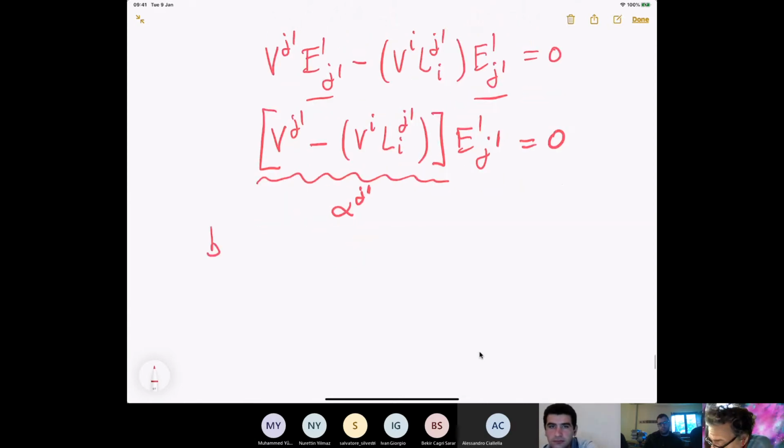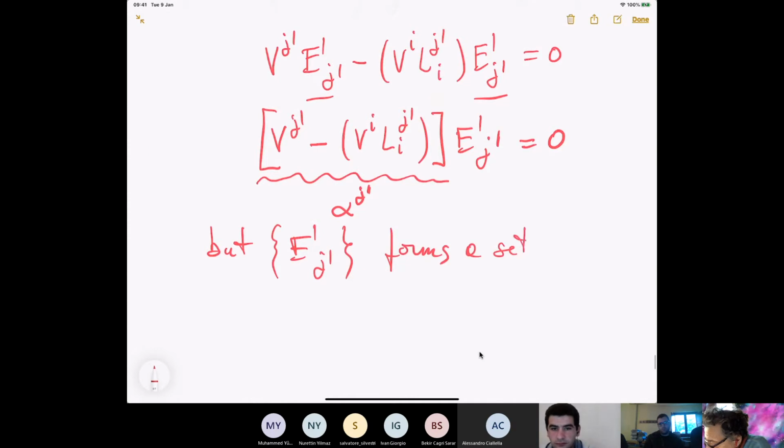But e'_j' forms an independent set of vectors.